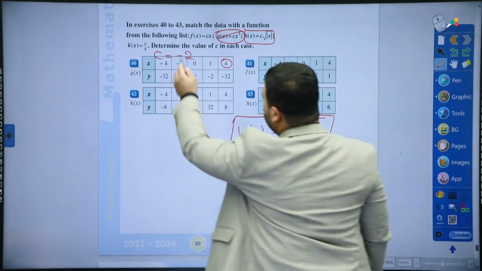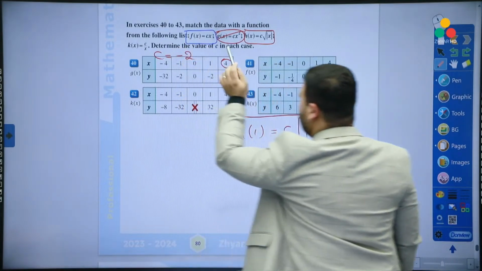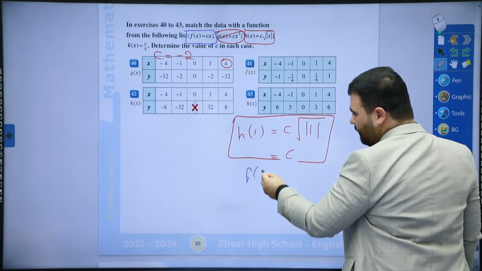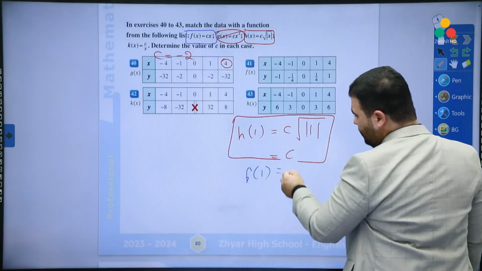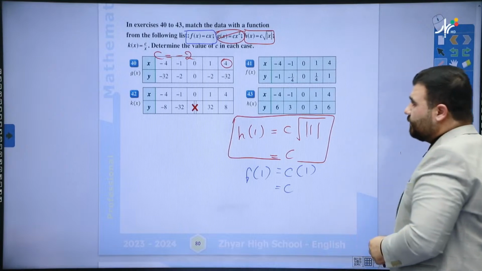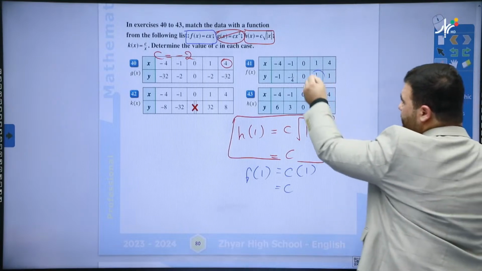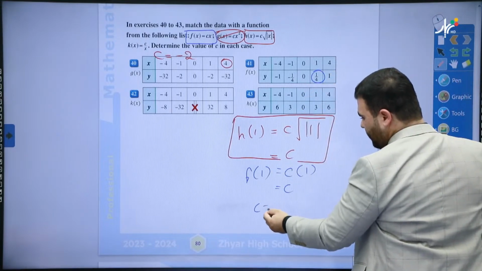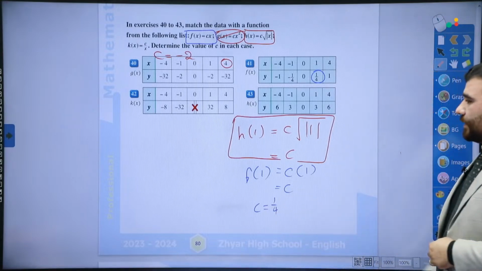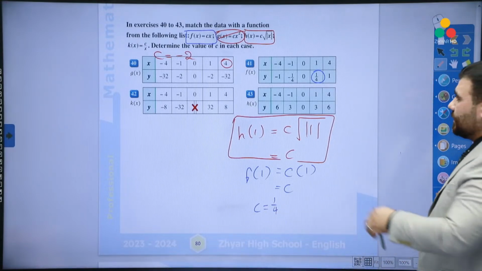The other function I have is f. In f of x, if I put 1, f of 1 is equal to c times 1, which is equal to c. F of 1 is c. Then if c is 1 over 4, now let me test this 1 over 4 for another value in the table.